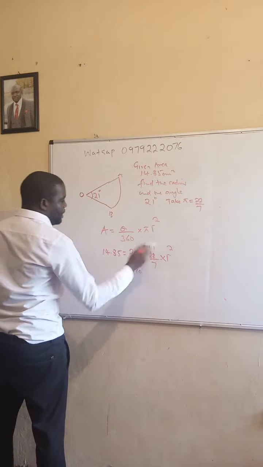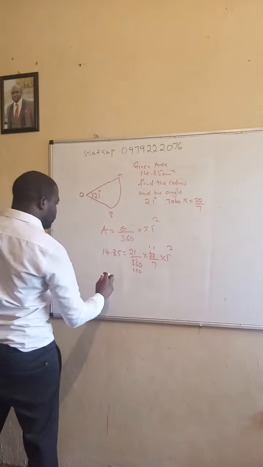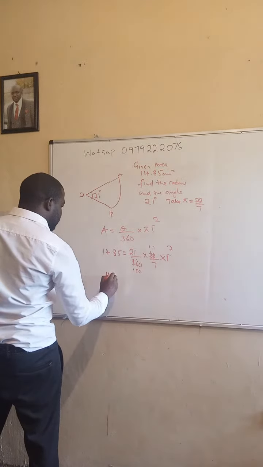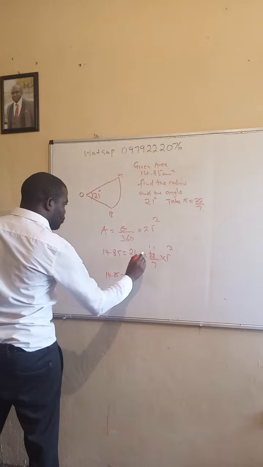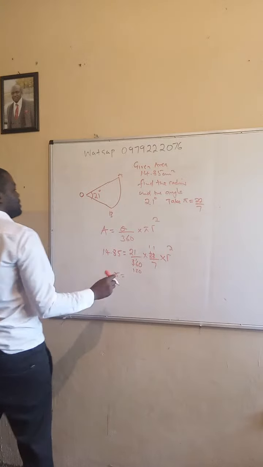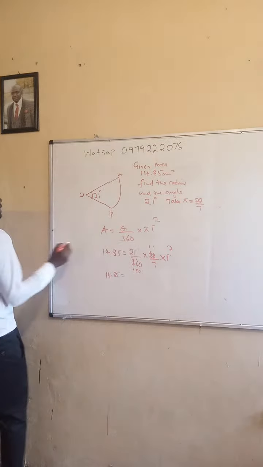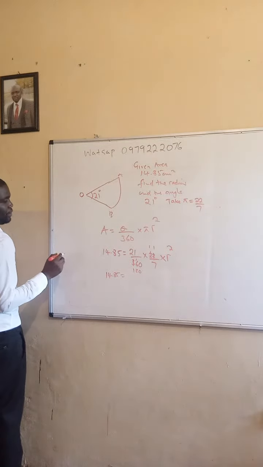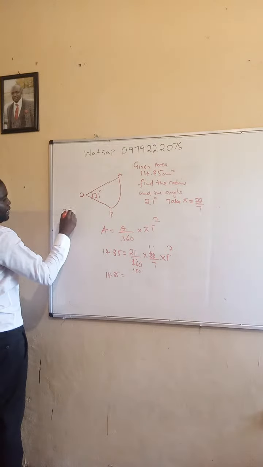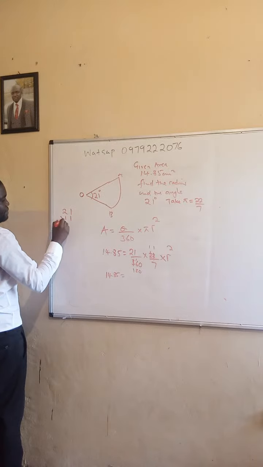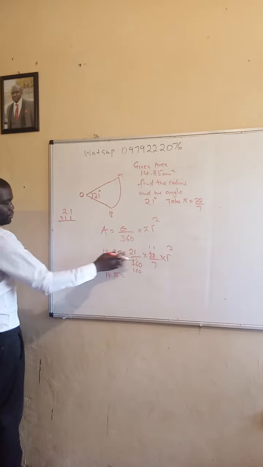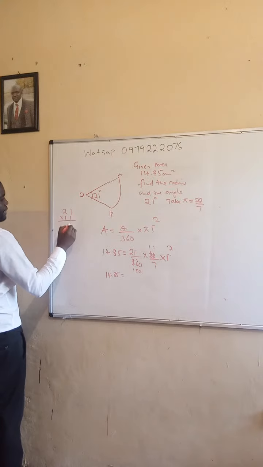Okay? And then here what we do, it is 14.85 is equal to, what is 21 times 11? Can you calculate that one? This is paper 1, so you don't use a calculator. 21 times 11. 1 times 1 is 1. 1 times 2 is 2.